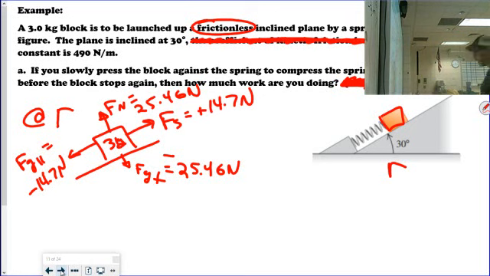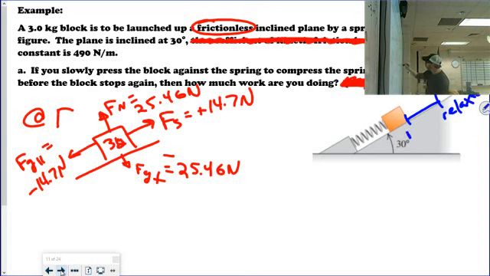Based on that, we ought to be able to figure out how far our spring has been compressed from its relaxed state. So here's the relaxed state. Here's our rest point. Those both, unfortunately, begin with R. So here's our XR, the distance that it got compressed until it was at rest.